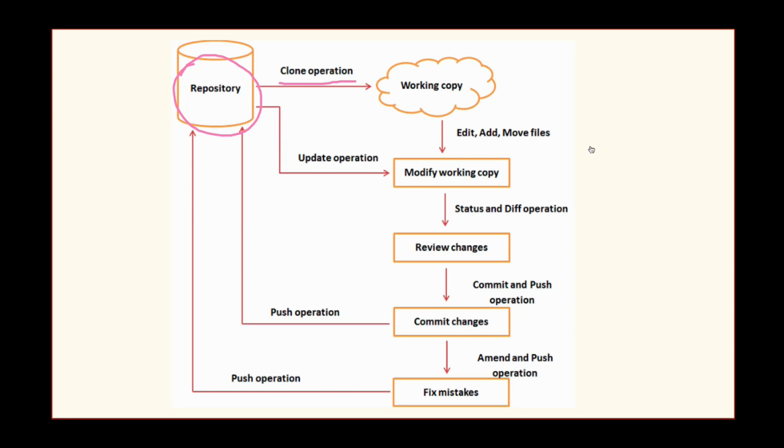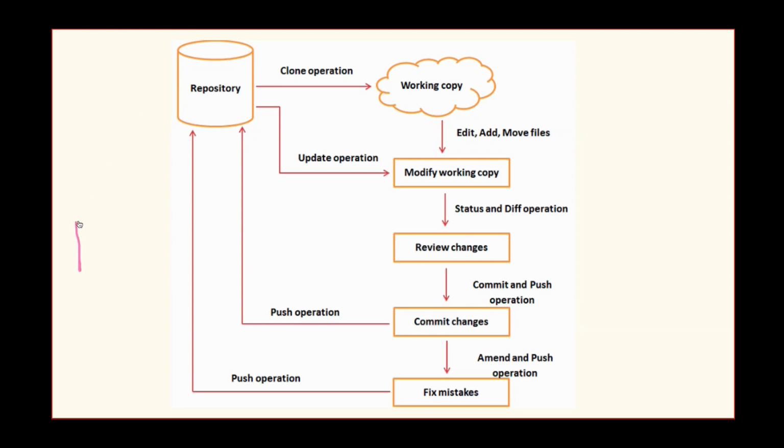You can make your modifications to the code, and after doing that you can review the changes using the git status command, which I mentioned before. Git status is used to review the changes, to see which files are in the staging area and which are not, everything. After reviewing the changes, you can do commit, which I talked about earlier. After the commit operation, you can do push.